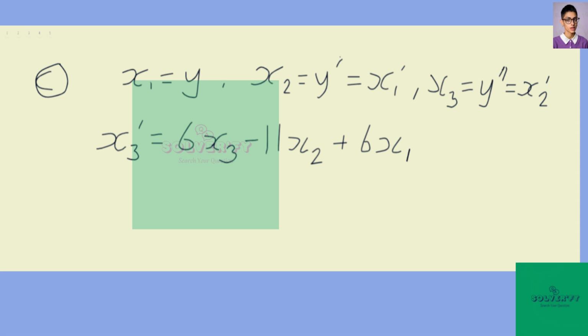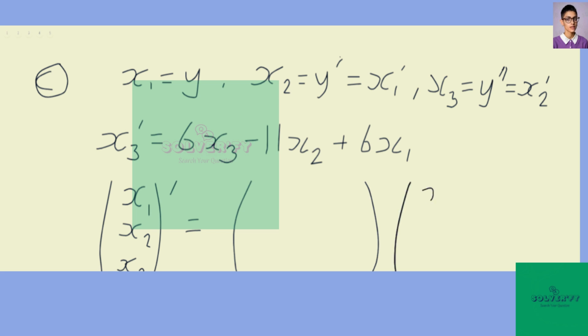Okay, so now we can write that in matrix form. So we've got a vector x1, x2, x3, differentiated. It's going to be equal to some matrix times the vector itself, x1, x2, x3.